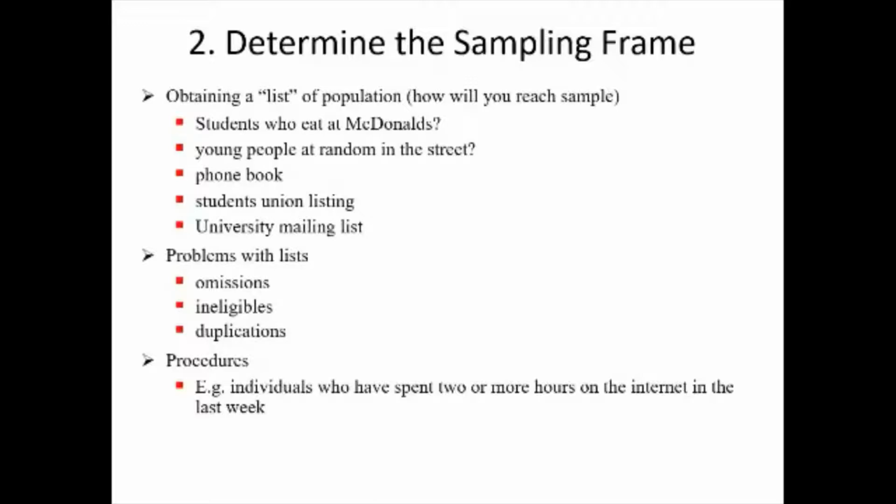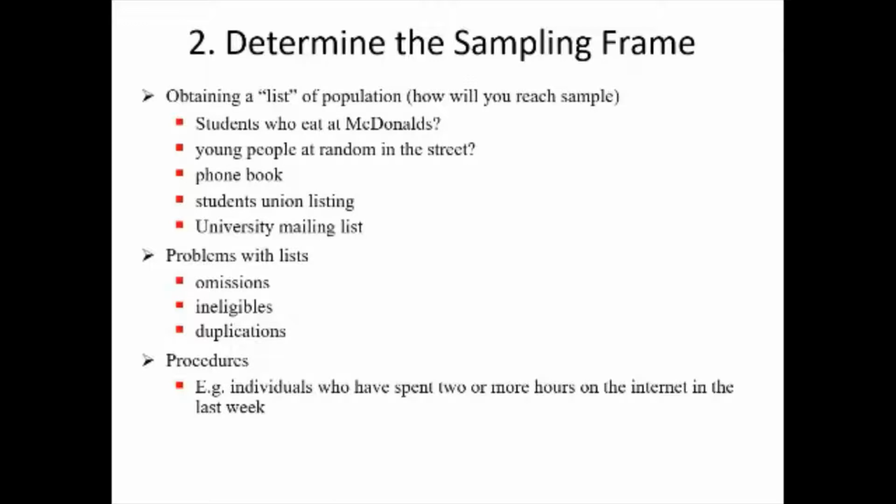And there may be a chance of duplication. Duplication means repeated. Some student's name may be repeated twice or thrice in the list. So you have to consider all these factors while selecting the sampling frame.